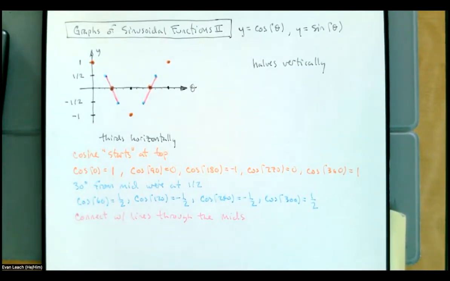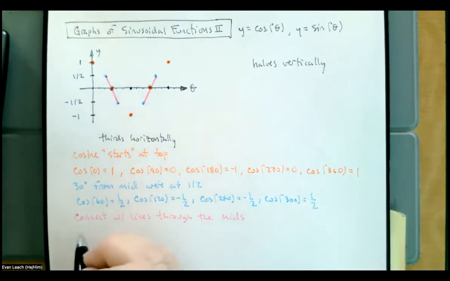Then we're going to draw our peaks and valleys. We're going to want to make sure that when we hit the top and the bottom, we're going to draw the function nice and flat. But then draw your peaks and valleys.